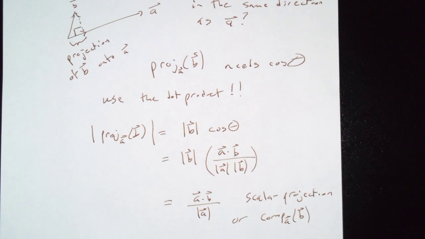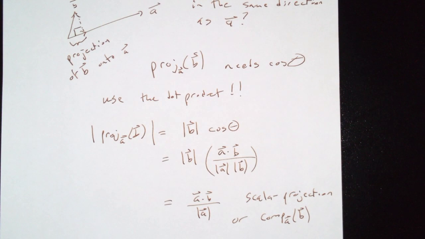I need a unit vector again. So I can say go this direction, or this direction, or this direction, or that direction by giving you a unit vector whose length is 1, and then I can say go this far. What direction do I want that little piece to go? I want it to go the same way as A, right?